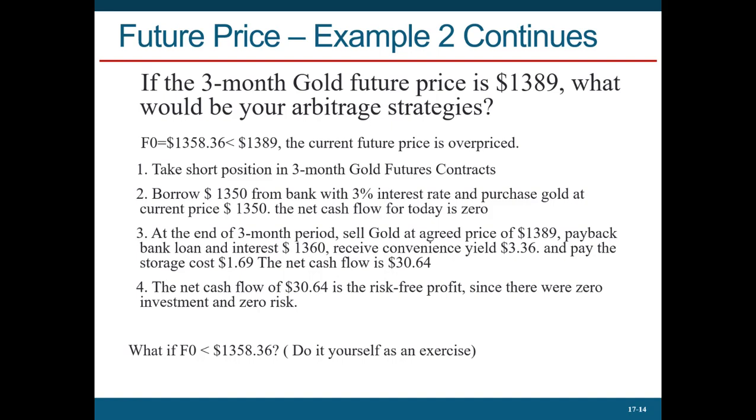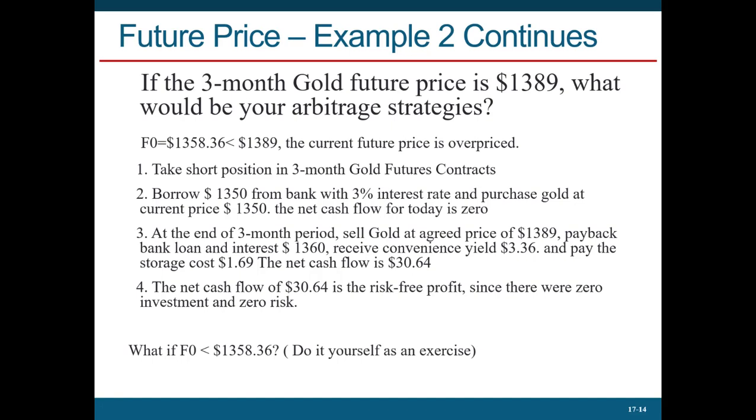Based on your calculation, considering all the costs, storage cost, convenience yield, and interest rate, the future price for gold should equal $1,358.36. But right now, it's $1,389 on the futures market. And it's very clear that the current future price is overvalued. So what can you do?